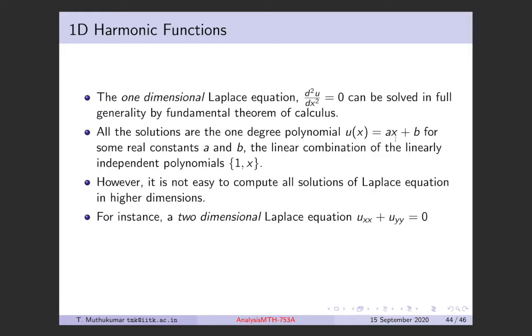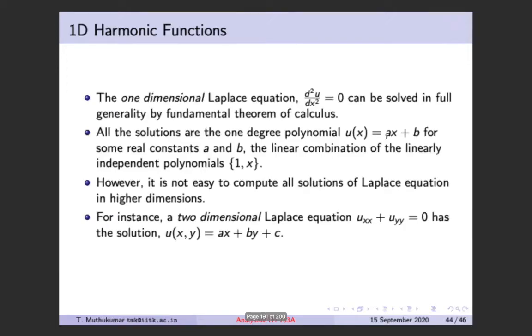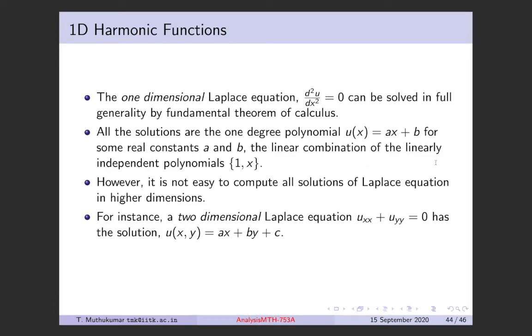Like we did here, we can immediately check that any plane in R3 is a harmonic function. This is a degree 1 polynomial in two variables, right? So any plane in R3 is a harmonic function.